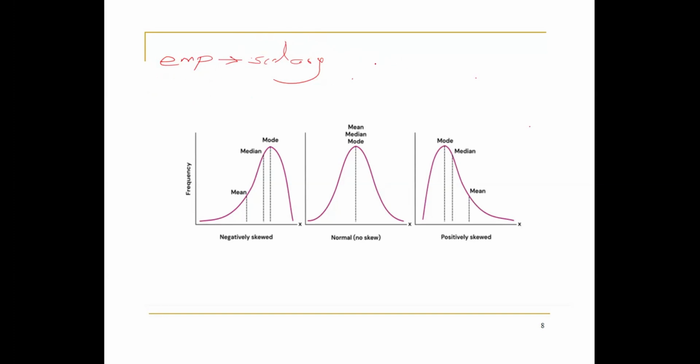So they calculate the mean salary, sigma x over n, x bar, and compare it with the industry average. Let's say the mean salary is 75,000 and the industry average is 70,000.